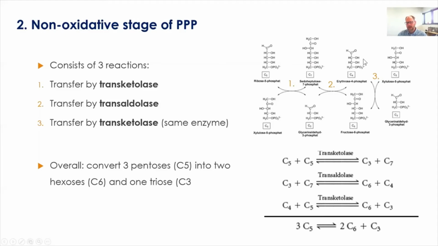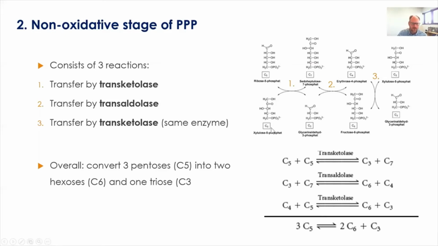And then in the last step here, which is also catalyzed by transketolase, we have a 4-carbon compound here, of course, erythrose 4-phosphate, and a 5-carbon compound, xylulose 5-phosphate, ultimately becoming fructose 6-phosphate and glyceraldehyde 3-phosphate. Okay, this molecule here and this molecule here can ultimately be pulled out into glycolysis.